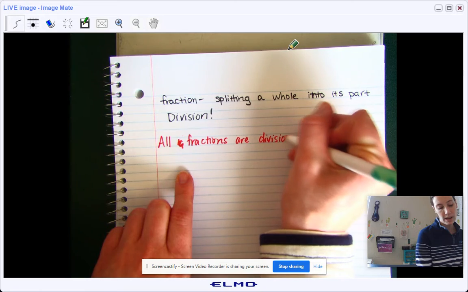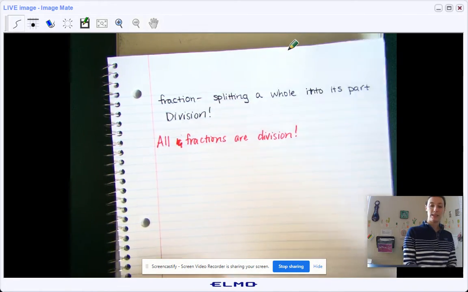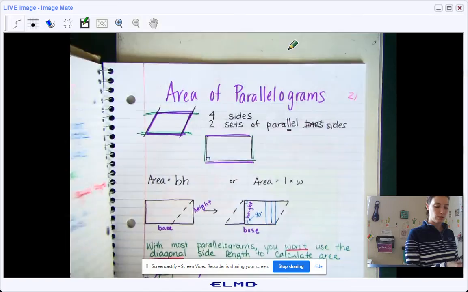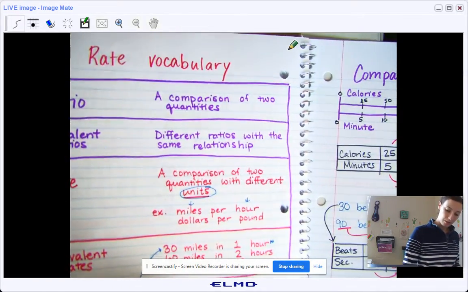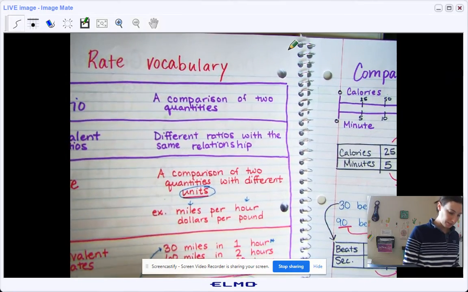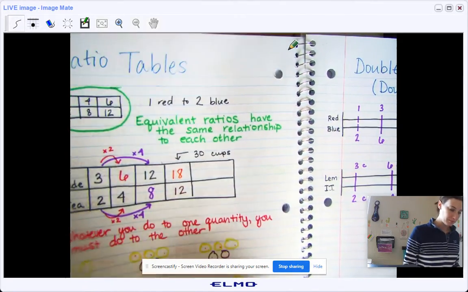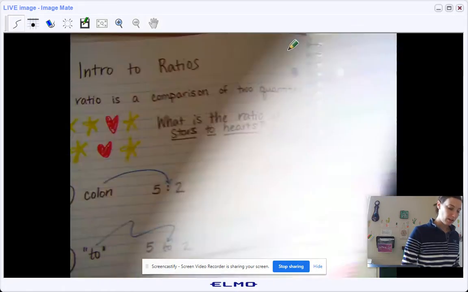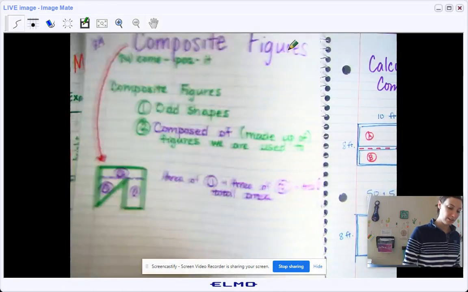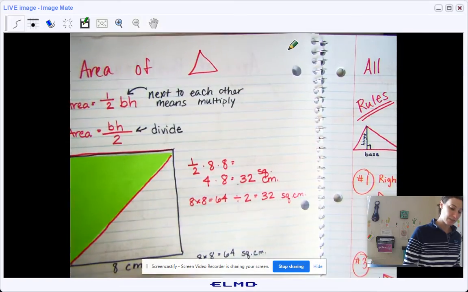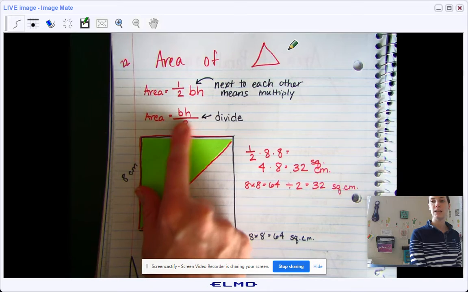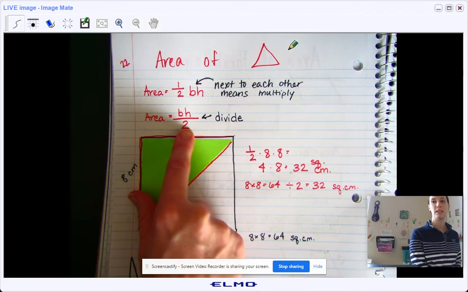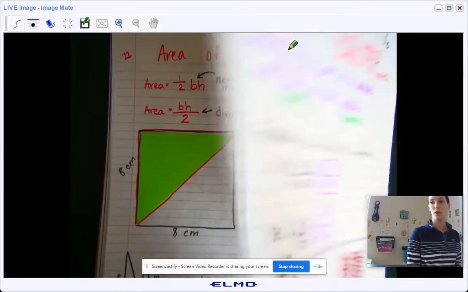This is also why, when we were coming up with equivalent rates, I just draw a line under it, and that means divided by because I'm making it a fraction. Like when we did area, base times height divided by 2, just putting a line over 2, that makes it division because it's a fraction. Or we can say it's a fraction because it's division.